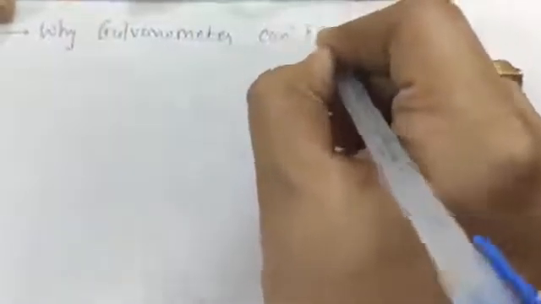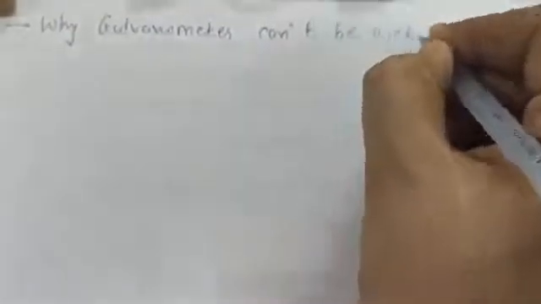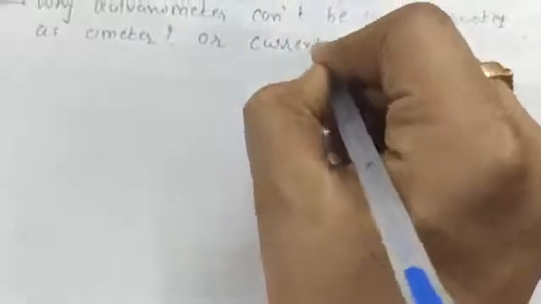So you can ask this question. The question is, why can't a galvanometer be used directly as an ammeter or current measuring device?